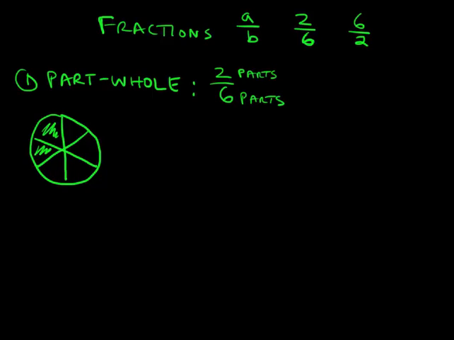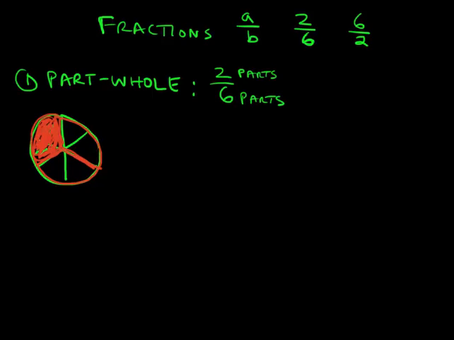And the nice thing about this model is that if we look at the whole pizza again, here's the same pizza, and if we look at what is shaded here, this piece is actually 1/3, because it's as if we divided the whole pizza up into 3 parts.